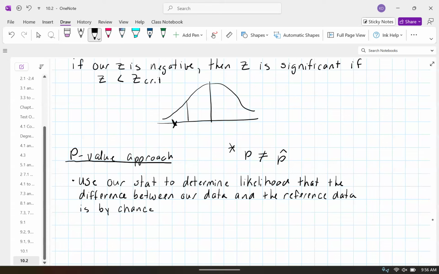So if we were to run another sample with the same group, we would find something closer to our mean. So we want a small z, or p-value.